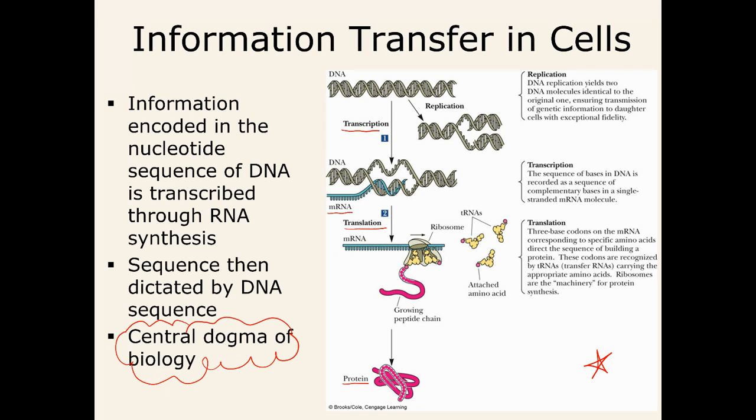The other part is that if there's any sort of mutation where the code is incorrect, that can lead to a faulty protein, and that can be disastrous for an organism.